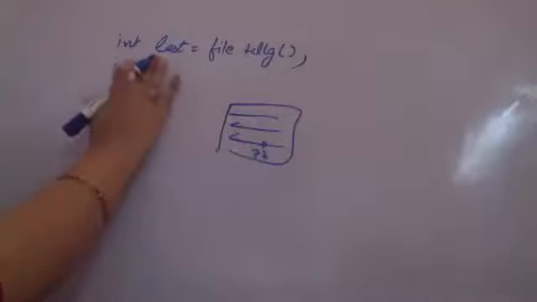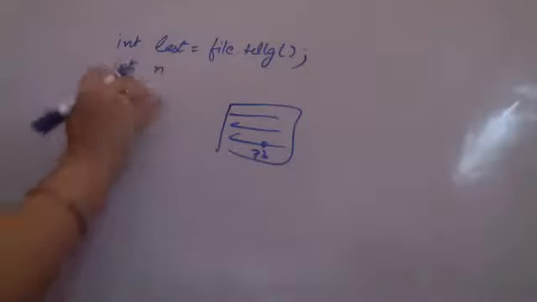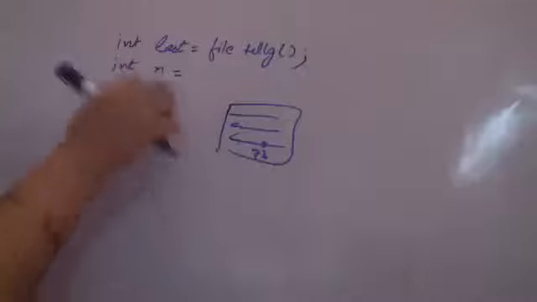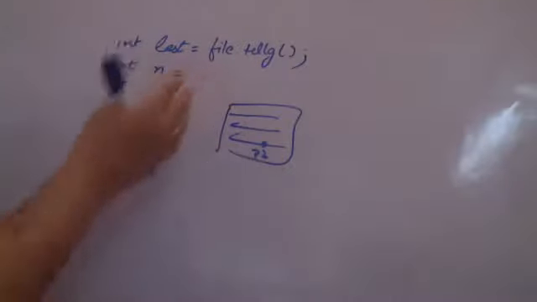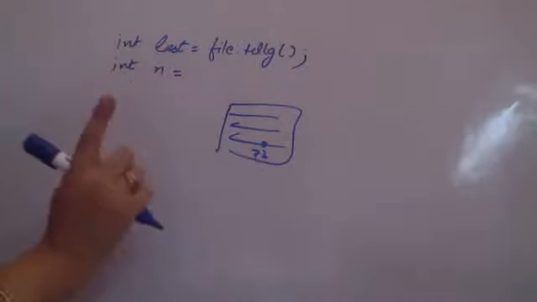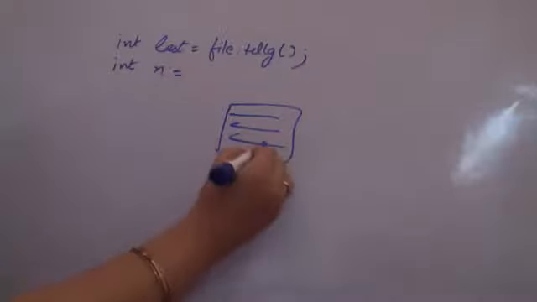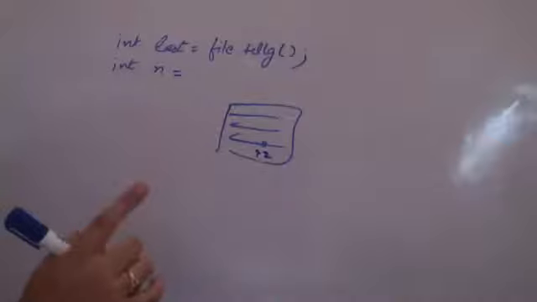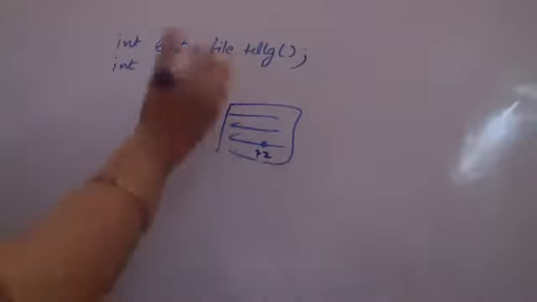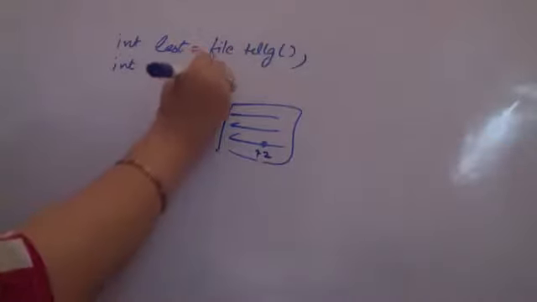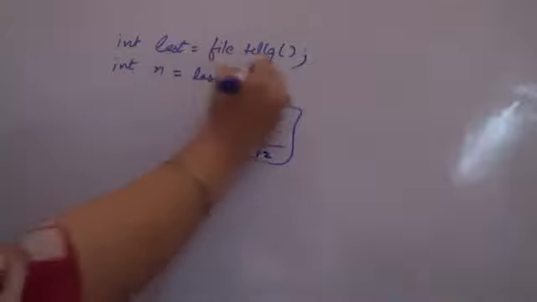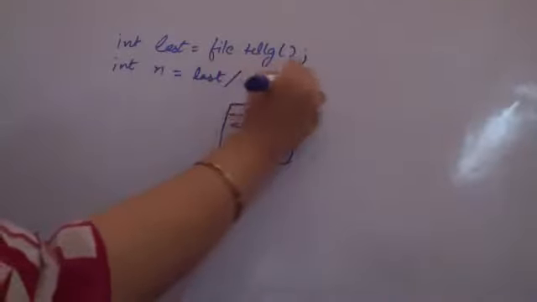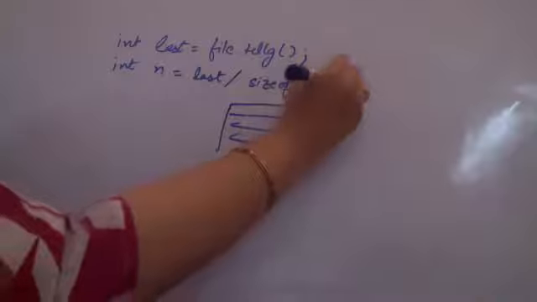Fine. And I am taking, say, int n. Sorry, not beginning. N is the number of objects. So if I am taking number of objects, it is what? It is the last divided by size of one object. So supposedly it is not 73, supposedly 72 divided by size of one object. If it is say 4, you will get the number of objects. So I am having it last divided by size of one object, which is item.